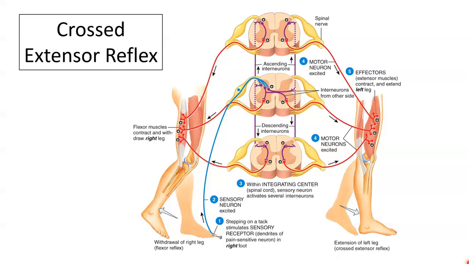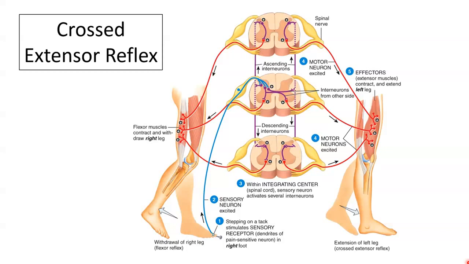So we call this the crossed extensor reflex because one leg must flex to lift up the foot, while the other leg extends so that you can put it down and not fall over. This reflex is an example of a contralateral reflex because it involves both sides of the body.